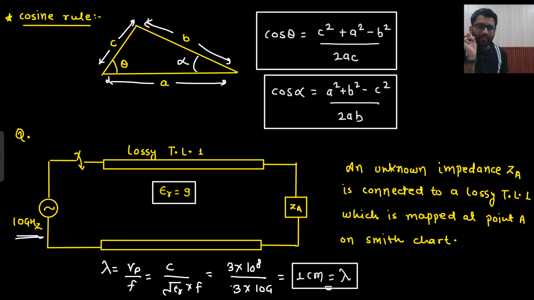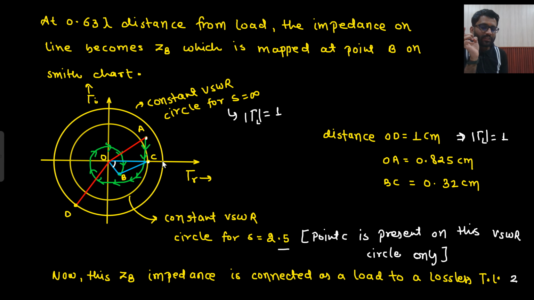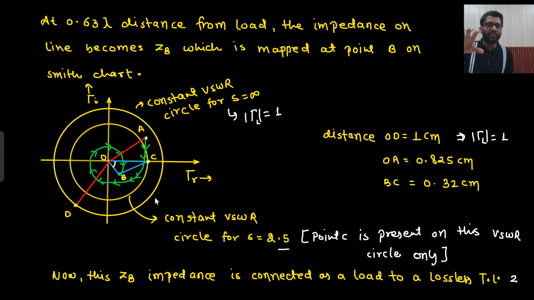And let's come back here. What will OC represent? OC will represent the magnitude of reflection coefficient only for this constant VSWR circle of 2.5. So if your S is 2.5 for the point C, at point C certainly there will be some impedance. Like on the Smith chart there are infinite R circles, there are infinite X circles.